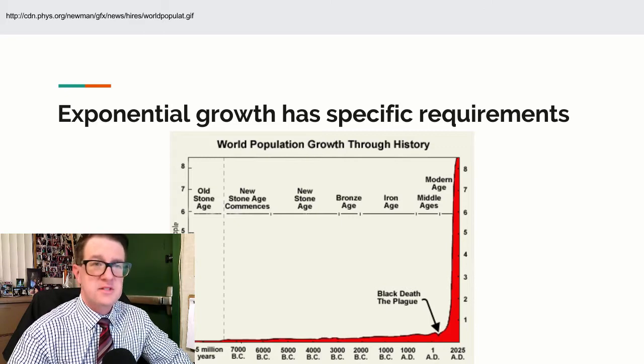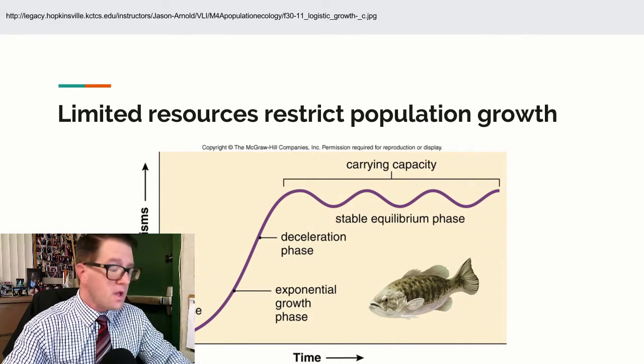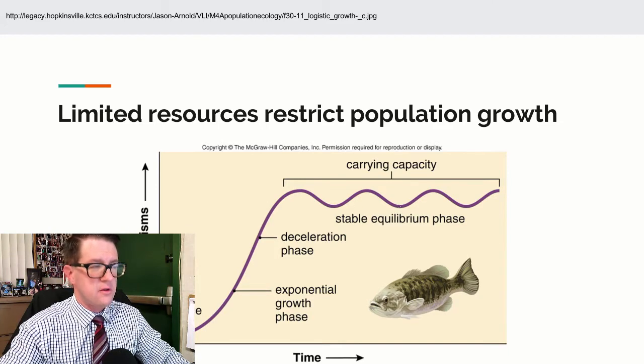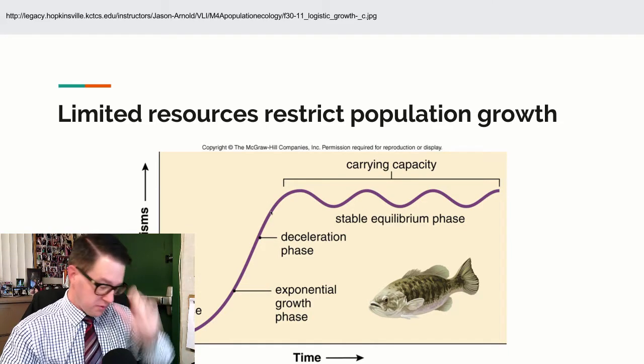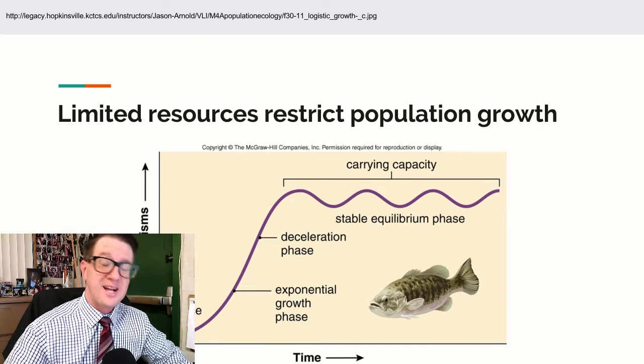Unfortunately, in all environments, at some point you're going to run out of either food, shelter, and/or space, and the result is logistic growth. And it maxes out at this hypothetical number that we call the carrying capacity. We don't know what the carrying capacity is until you go past it, and that's when populations start to decline.